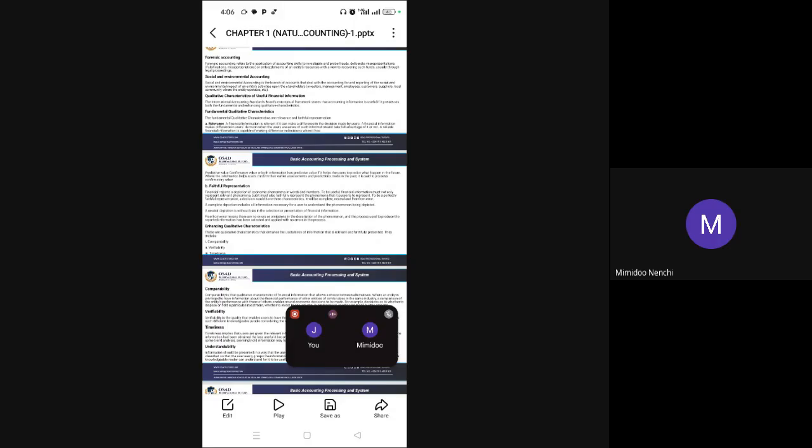Relevant financial information is capable of making a difference in decision when it has, one, predictive value or confirmative value. And also if the information has both predictive value and confirmative value. Predictive value is what? You are looking at the future values.